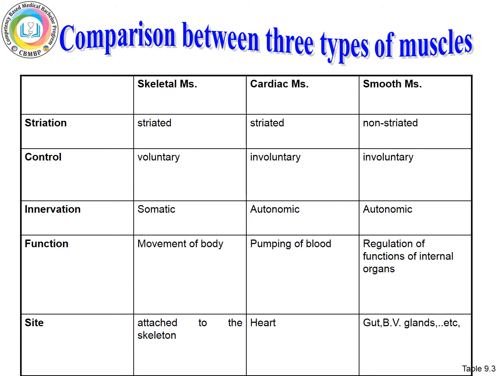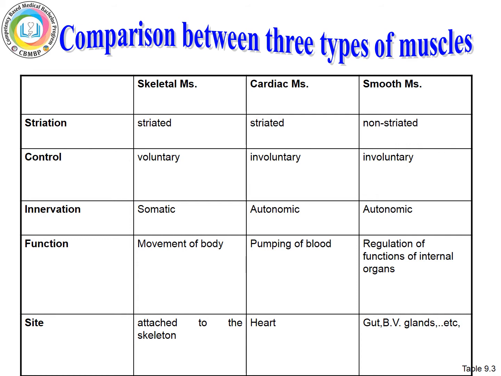Innervation: skeletal muscle takes somatic innervation, cardiac muscle autonomic innervation, sympathetic and parasympathetic, and smooth muscle also receives autonomic innervation.